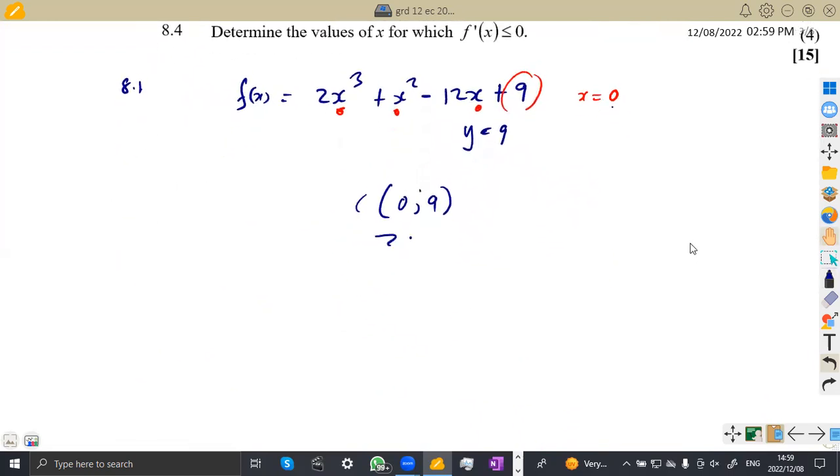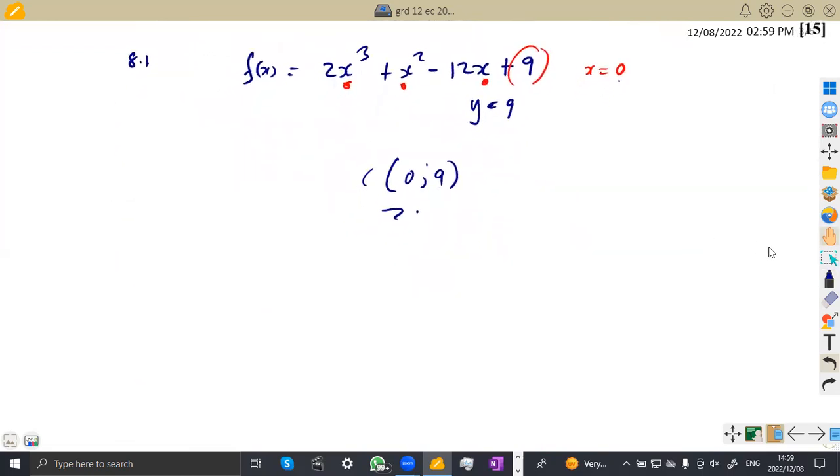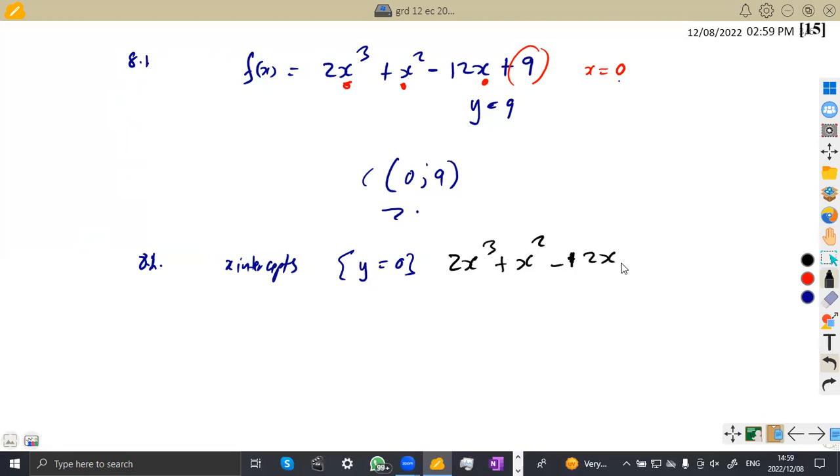We are actually going to solve because in the x-intercepts, we know that y is equal to 0. So if y is equal to 0, that means the whole expression 2x cubed plus x squared minus 12x plus 9 must be equal to 0. So you're supposed to solve for x.